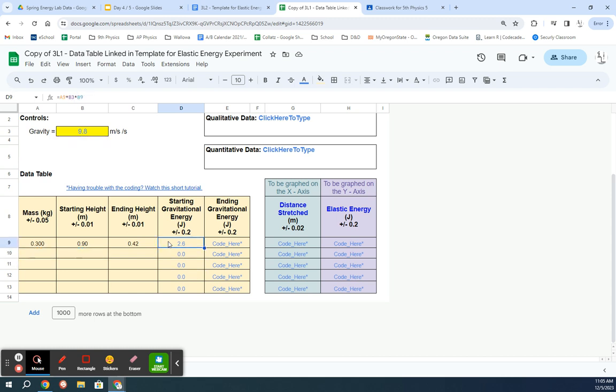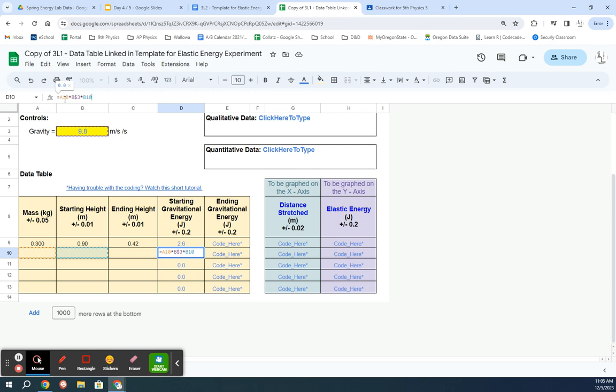The other solution is in our initial code, if we put a $, and then when we drag down, let's see, did not work. That's because I put the $ in the wrong spot, but yeah, okay, see, perfect.